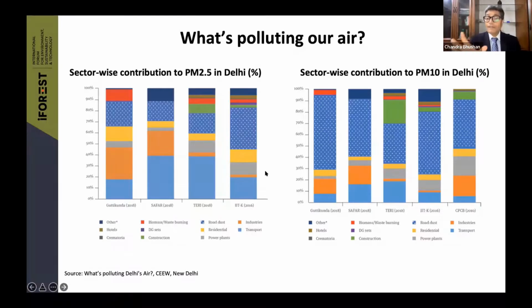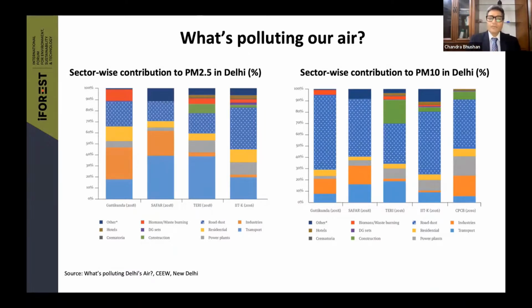Now, if you look at PM10, you see that dust dominates as far as source is concerned. Dust is the biggest source of PM10 in Delhi. Now, this situation may be different in various cities, maybe significantly different, maybe marginally different, or maybe the same.